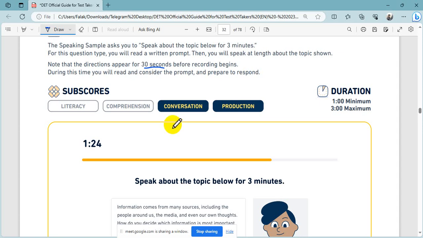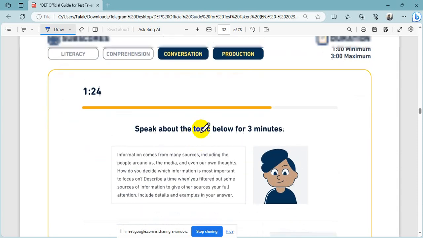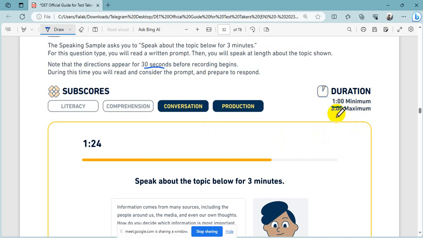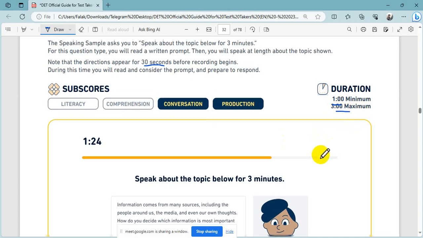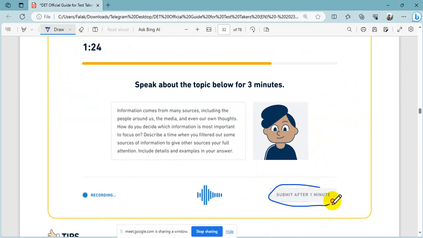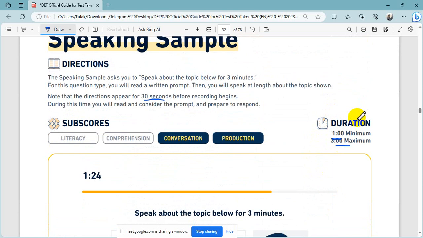On the sub-scores category, it goes to the conversation and production part. It means if you do well in this question type, your conversation and production score will increase. Minimum you have 1 minute, maximum you have 3 minutes. If you speak for 1 minute, the submit button turns on. Submit means that you are going to submit the whole test, because this is the last question type.